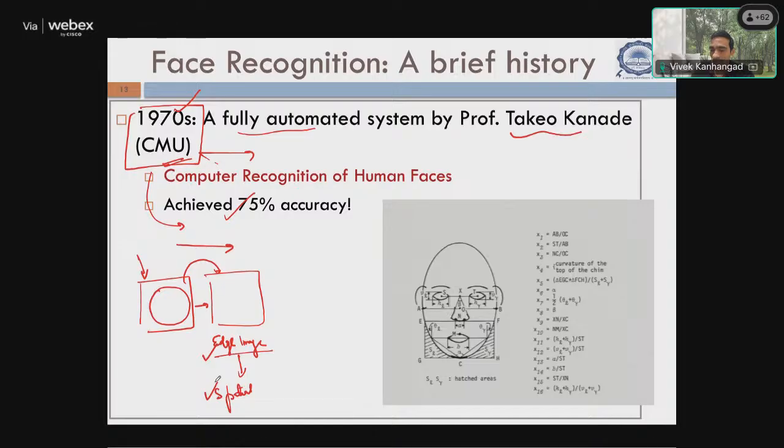If you're familiar with fundamental image processing techniques, you can use Canny. David Marr also proposed the Marr-Hildreth edge detection algorithm and so on.